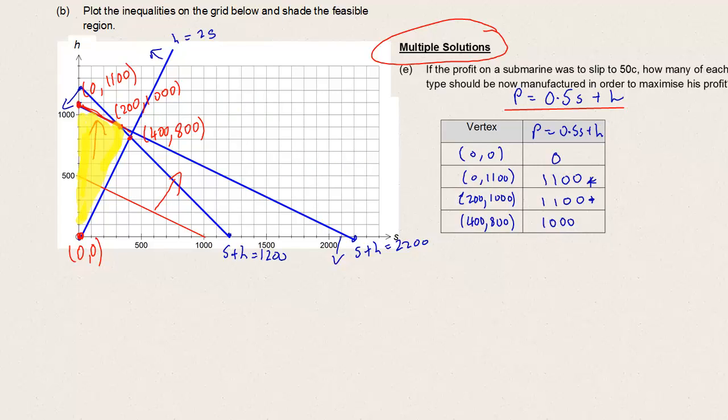So in the first part, we had a profit line that had this gradient, and we swept it across the region, and this turned out to be our last point. But this one that I've just put on, as we sweep that across, is actually parallel to the line we have here, so it meets not just a vertex, but a whole line as the last thing, and therefore we get a whole line of solutions.